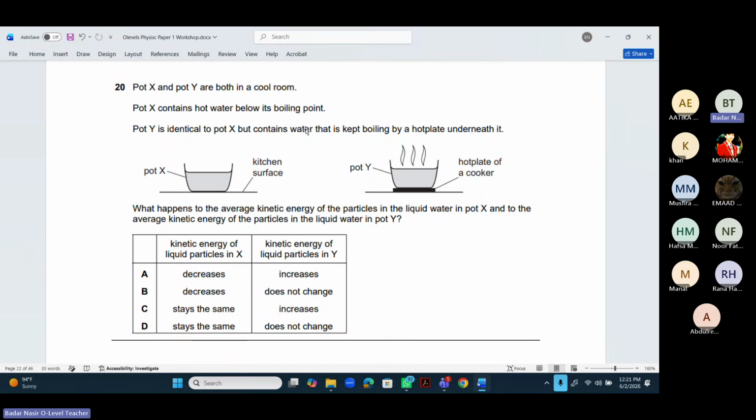So the kinetic energy of liquid particles in X will decrease.